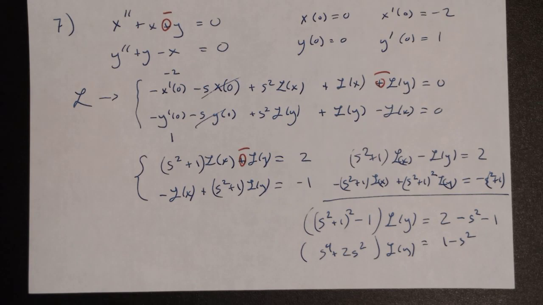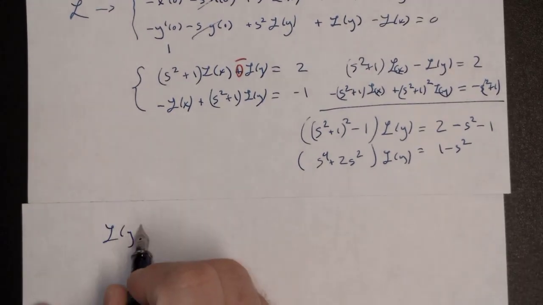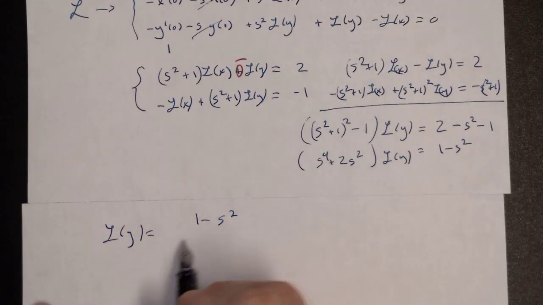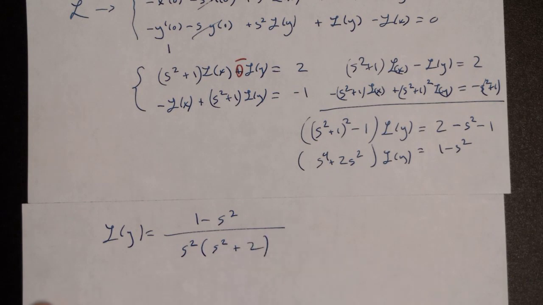What I get for the Laplace transform of y is L of y equals 1 minus s squared over s squared times s squared plus 2. I just factored s to the 4th plus 2s squared.